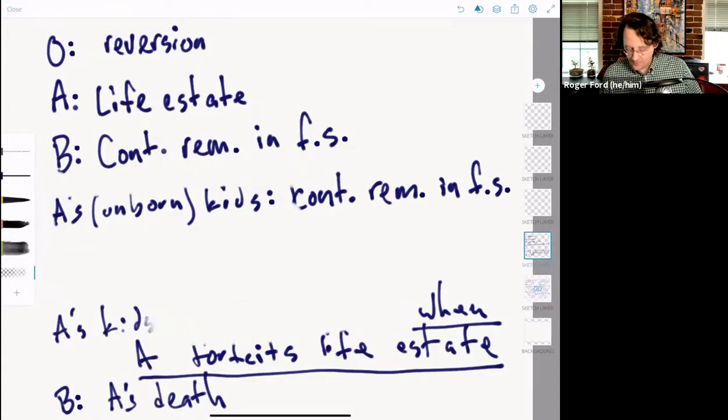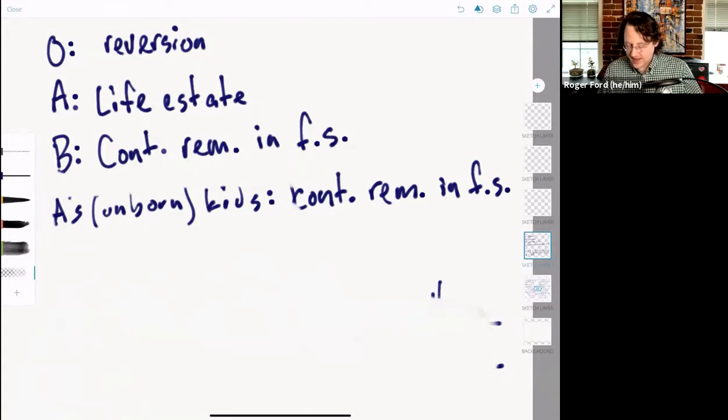So now A has two kids, C and D. Let's take 30 seconds, write down the state of title for everyone now.